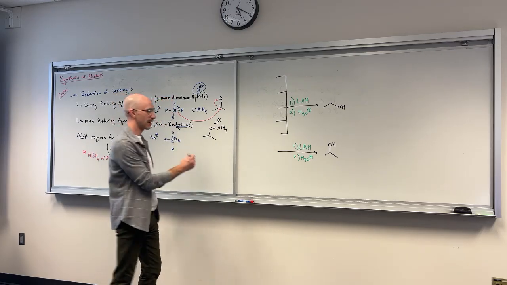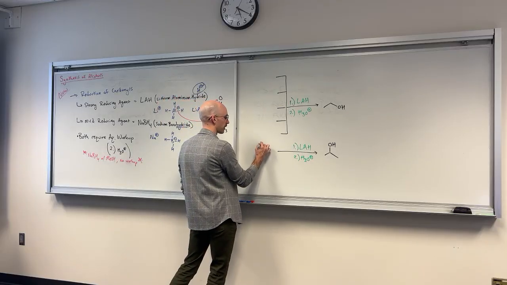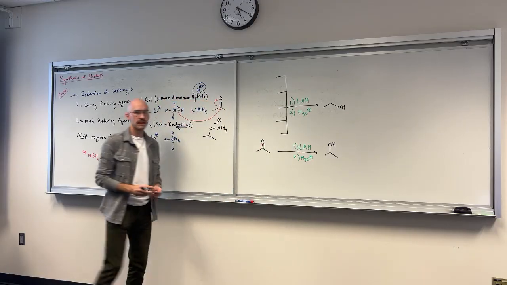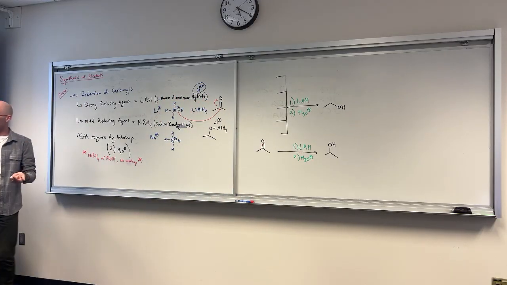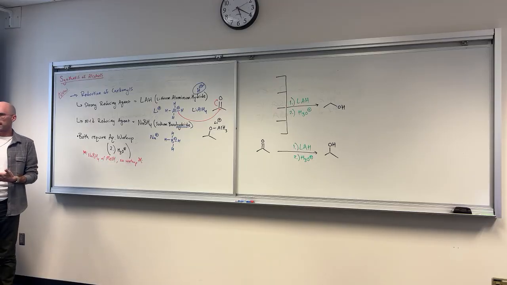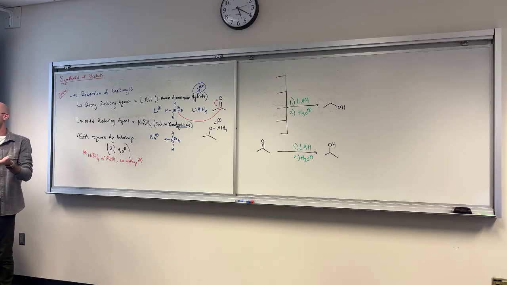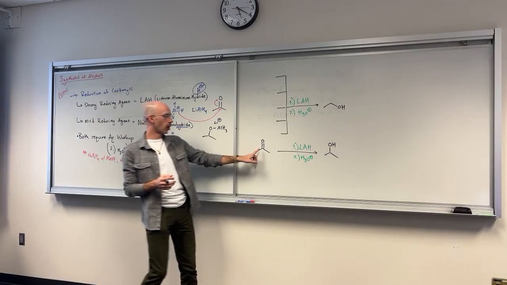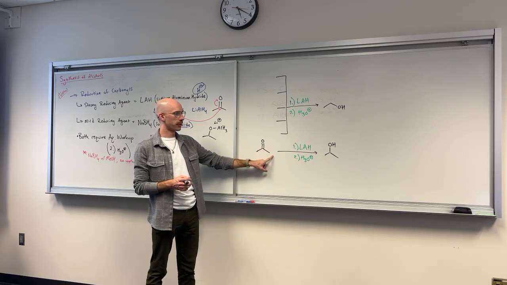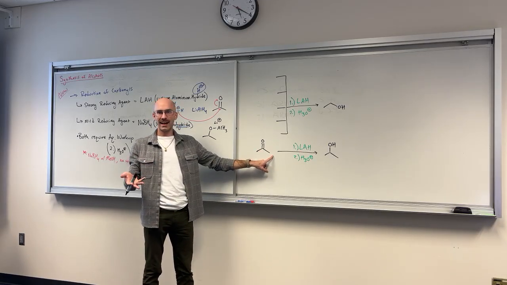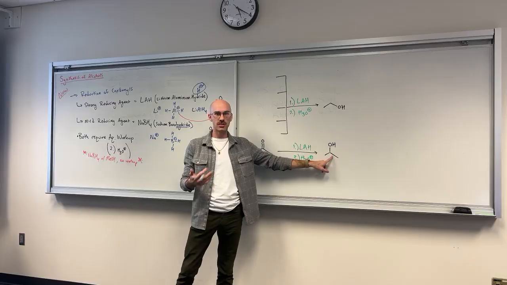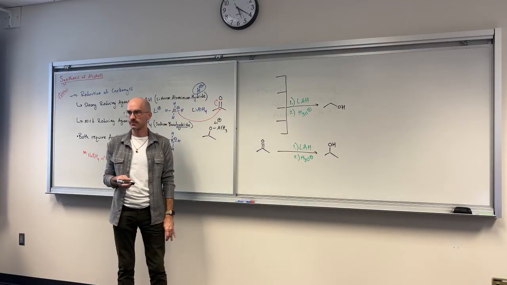Actually, to get to the secondary alcohol, we have to start with a ketone. When ketones are reduced, you can kind of think of a ketone as a secondary carbonyl. The carbonyl carbon is bonded to 2 other carbons. So when I add a hydrogen there, I don't change the number of carbons that are bonded.